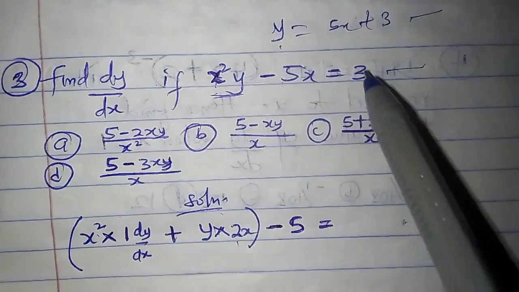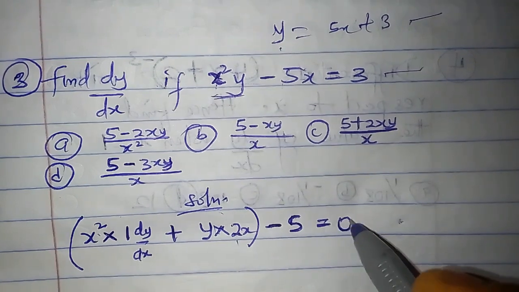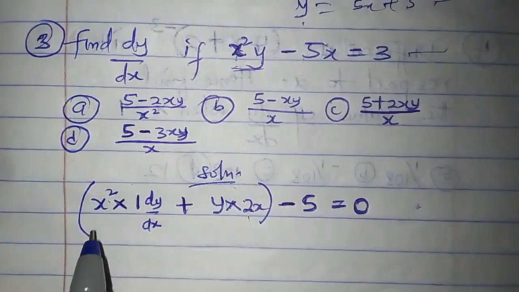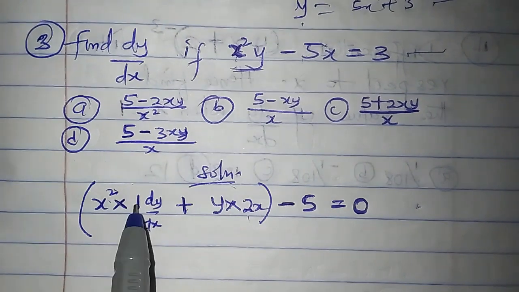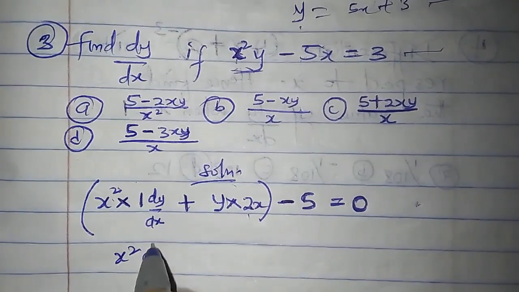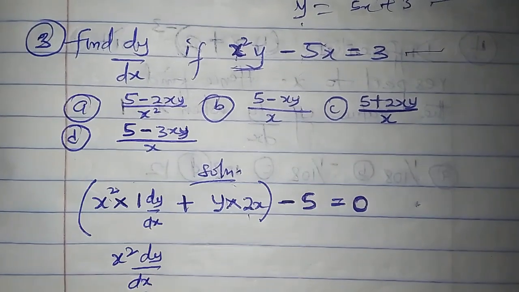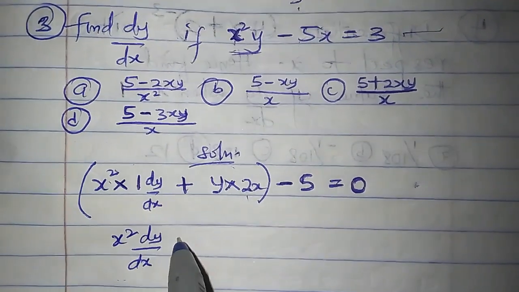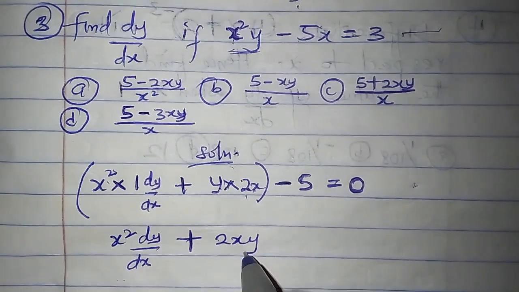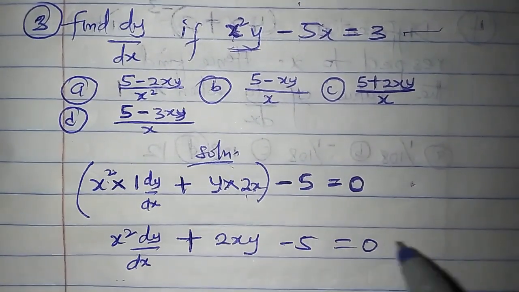Equal to, differentiate 3 with respect to x, I'm going to get 0. Because if you differentiate a constant, it is 0. So let's evaluate. x squared times 1 dy dx is simply x squared dy dx. Then plus y times 2x is 2xy, minus 5 equal to 0.